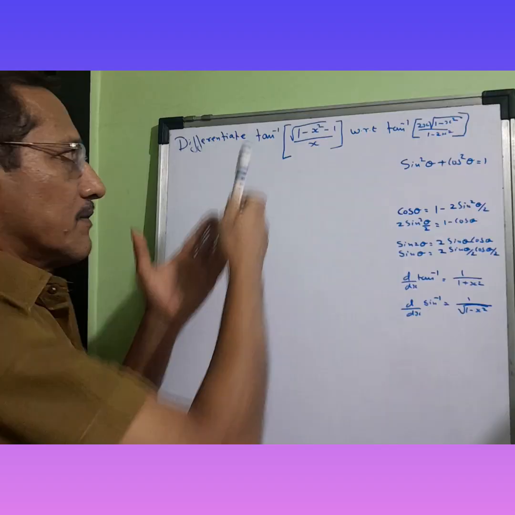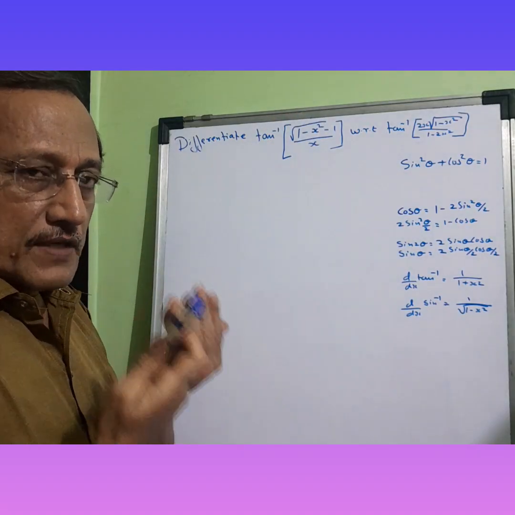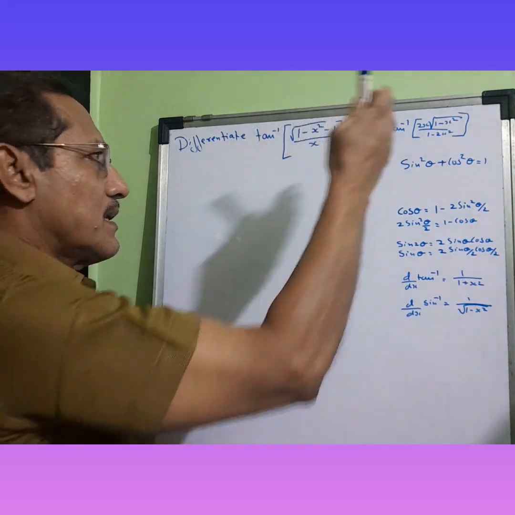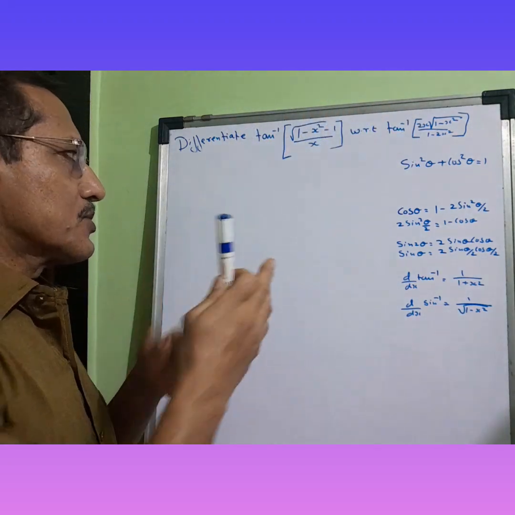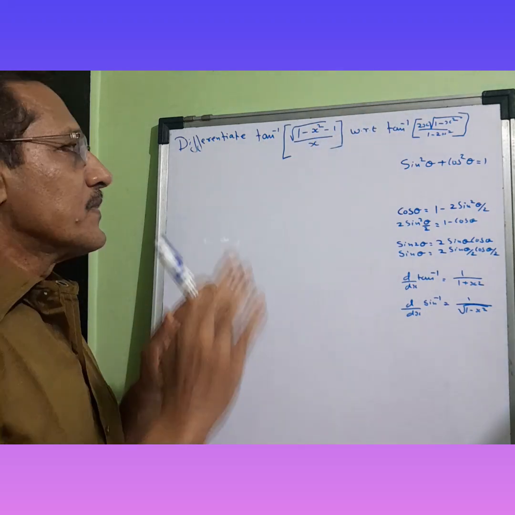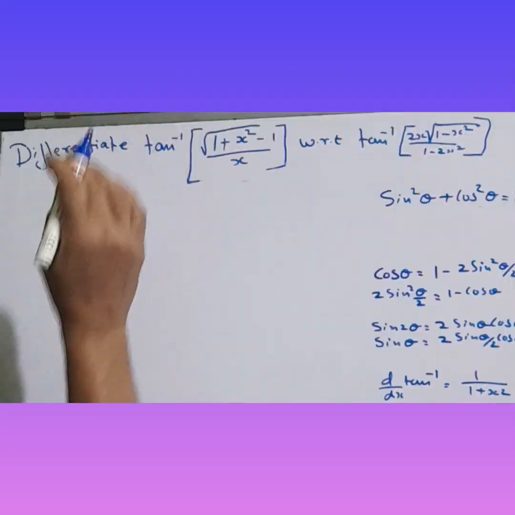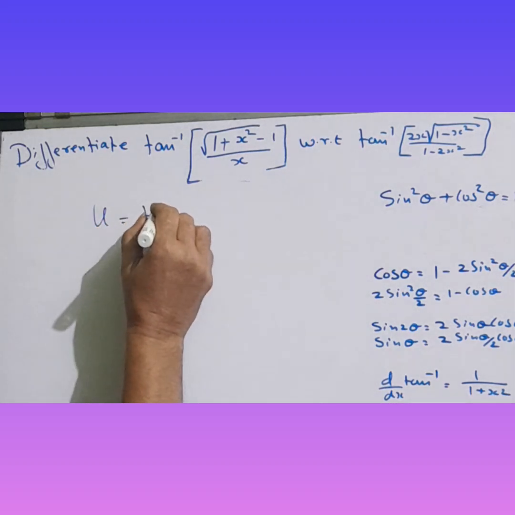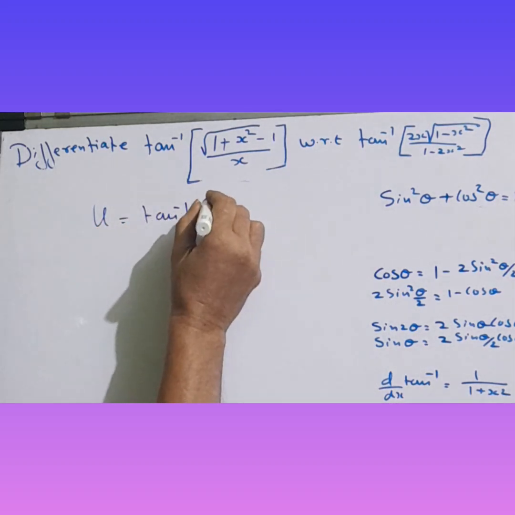Obviously we can't differentiate straight away, so we have got to substitute this as some letter and this as some letter. Conventionally we choose u and v, so let's choose u and v. Substitute this as u, so u is equal to tan inverse.